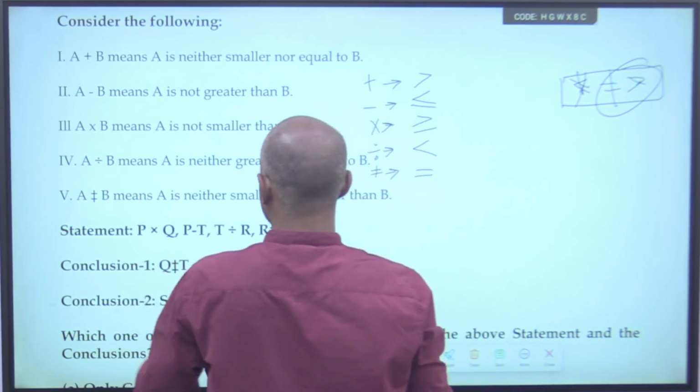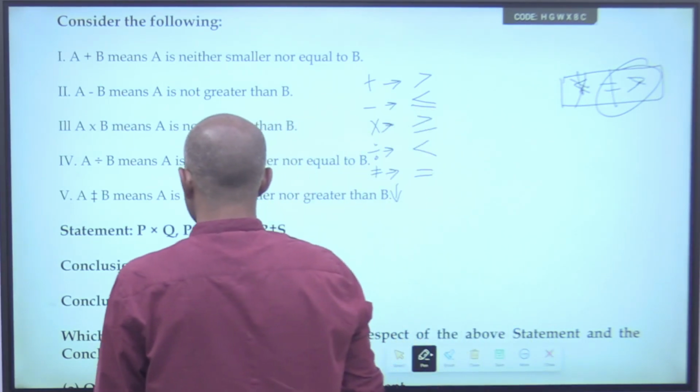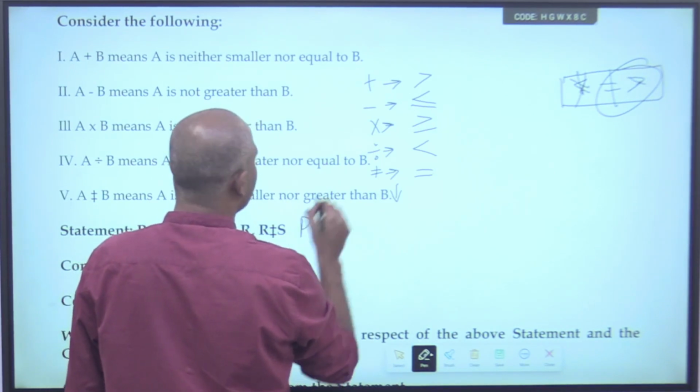Now next, he has given some statements based on this. P into Q. What does into stand for? So let's convert this.